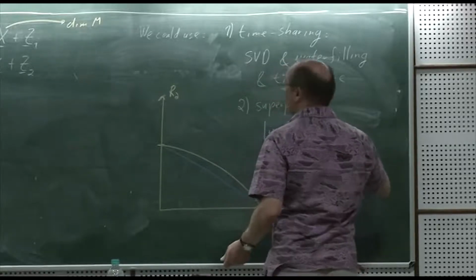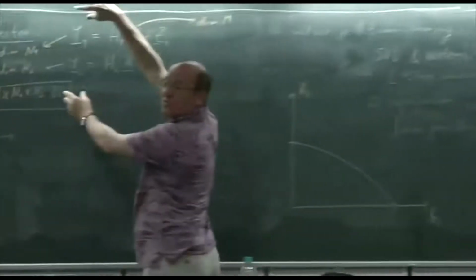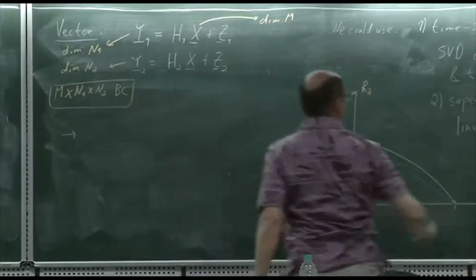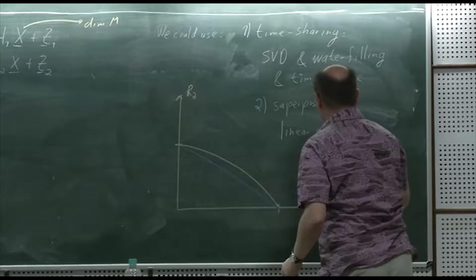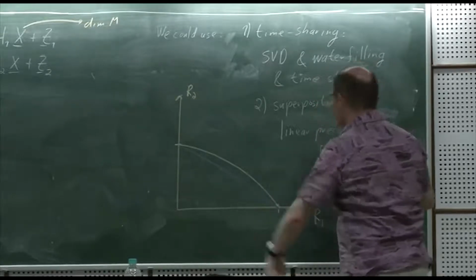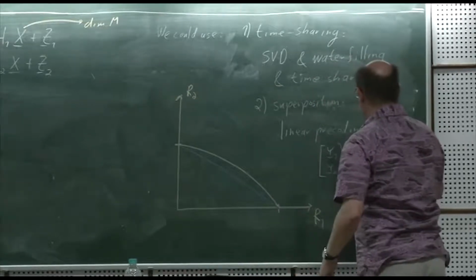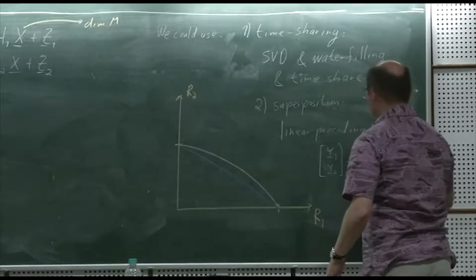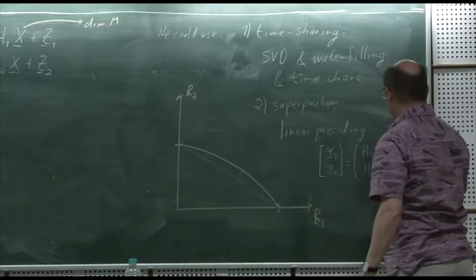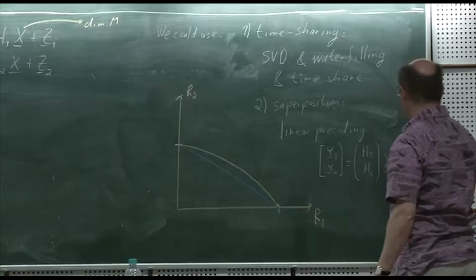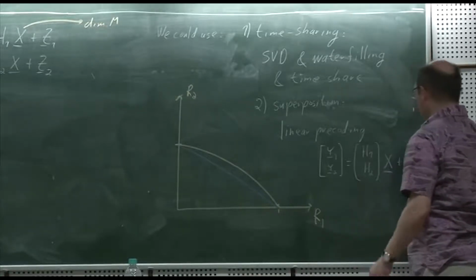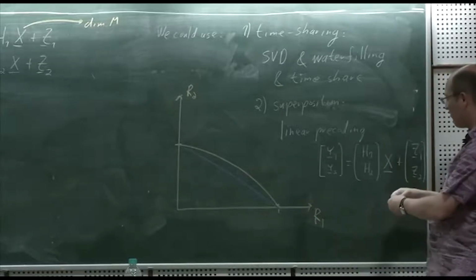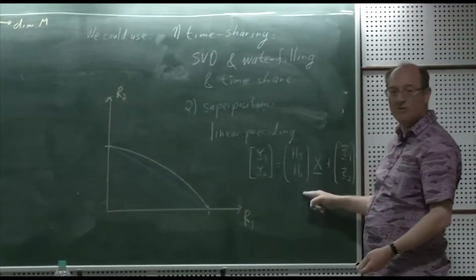So what we do is we just stack these 2 vectors into a big Y, so we stack Y1, Y2 to get a Y. That way we're stacking the H matrices into a bigger matrix, and X goes across both anyway, and then we get the stacking of the noise. Now it looks like a point-to-point channel, and what you can choose for X is, for example, a pseudo-inverse of this.